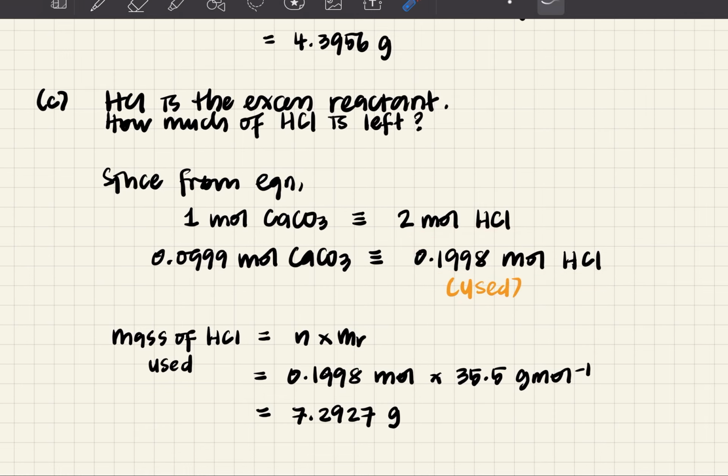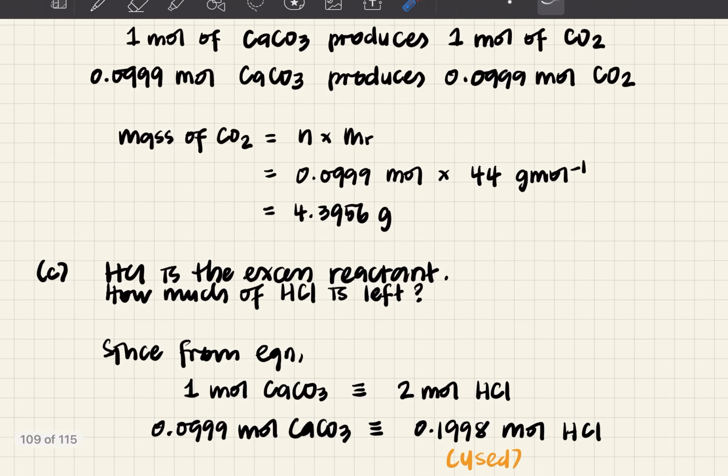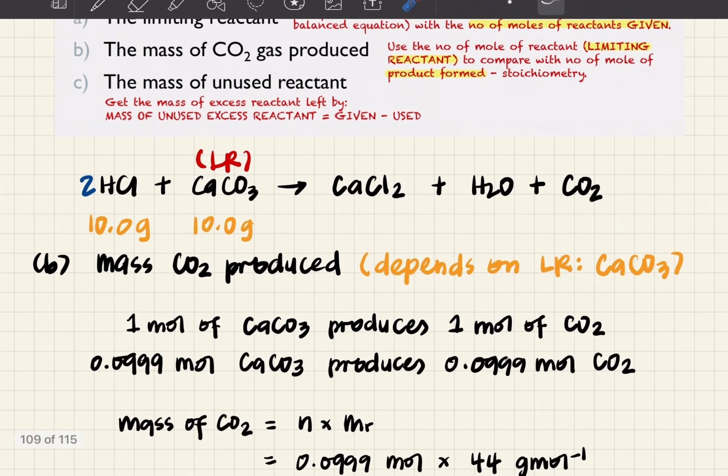Alright, so daripada mole of HCl, okay, so since we already know the mole, you can find lah the mass of HCl that is used. Betul tak? Miss, betul tak? Betul lah. Okay, so kita dah tahu berapa banyak use kan.